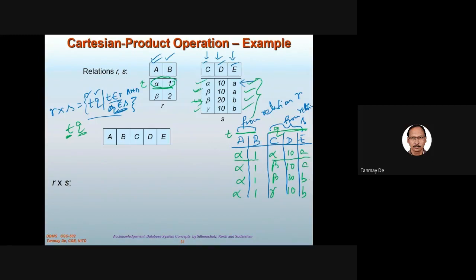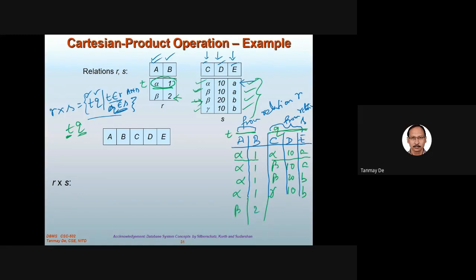So for the first tuple, one tuple of relation R is combined with each of the tuples in S. Now consider the second tuple, beta 2.